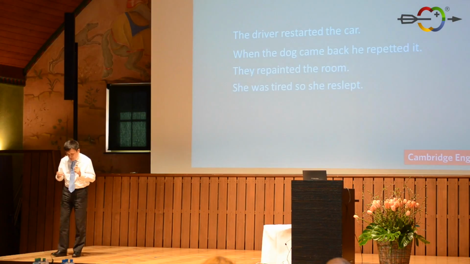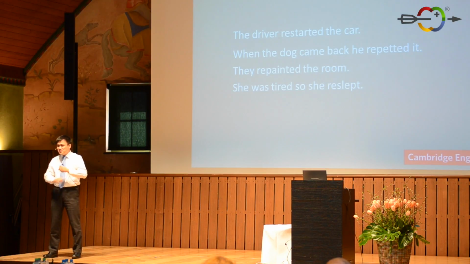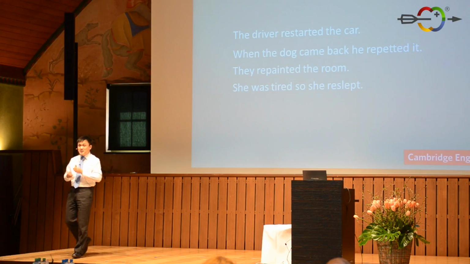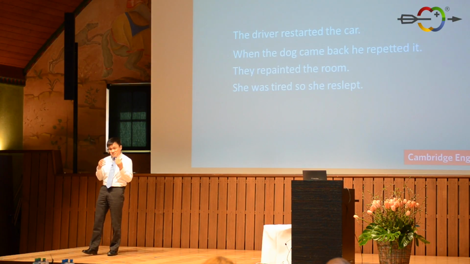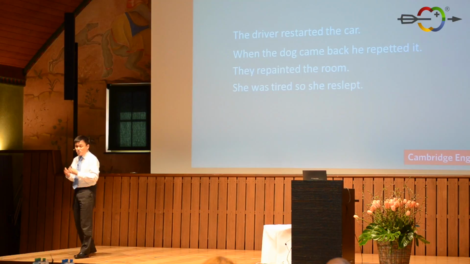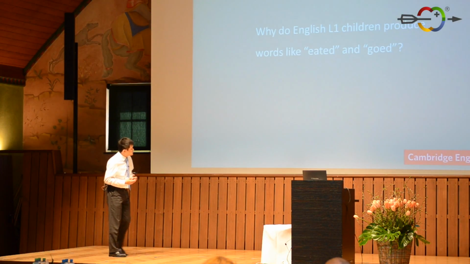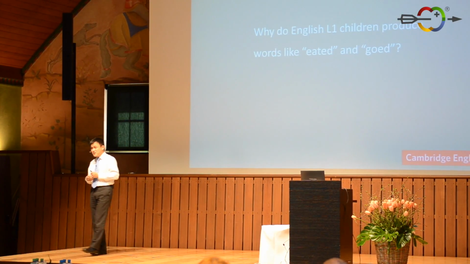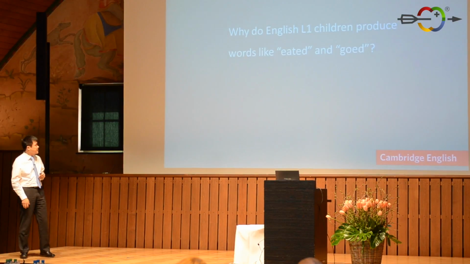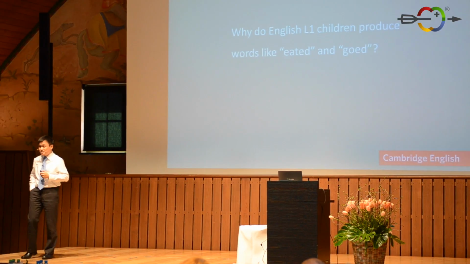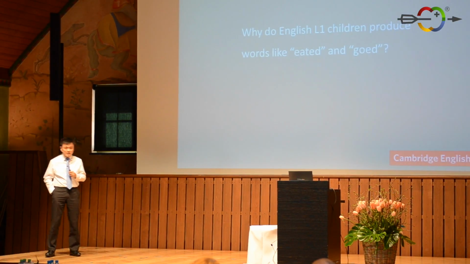Okay? Now, there are people who take this to mean that we just have an intuitive sense of what is grammatical and not grammatical, and when we can't explain it, therefore, by definition, there is something in our brains, a module in our brain, that specifically focuses on grammar. Okay? Sometimes we also see the fact that even L1 children produce things like eaten or goed, which we know are incorrect.